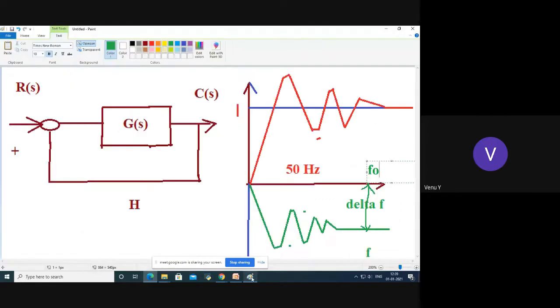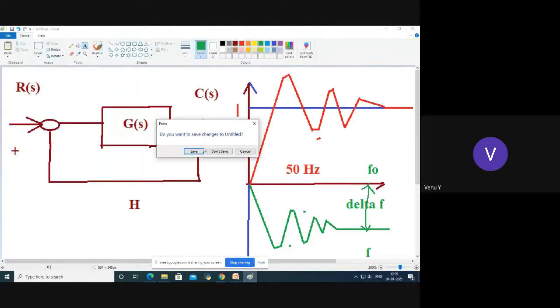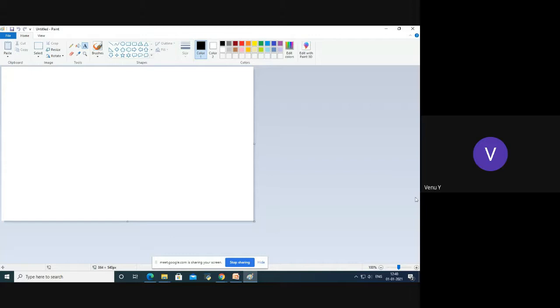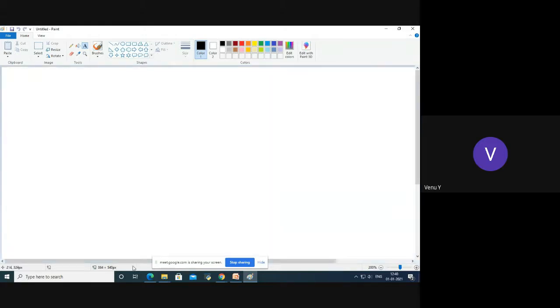So now let us understand. For a power system, the load variations may be different, increasing and decreasing and so on.